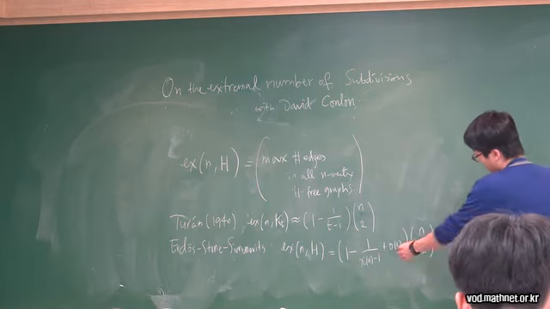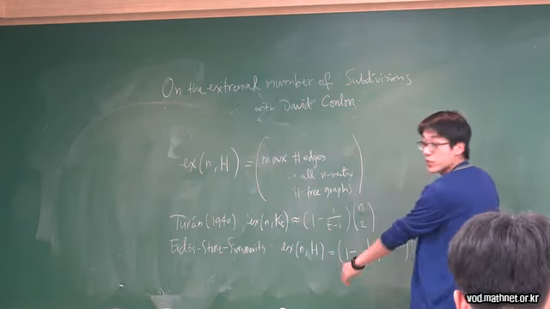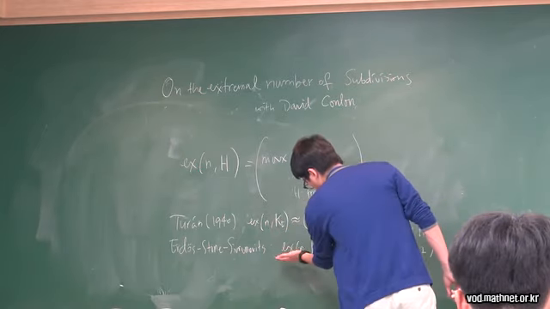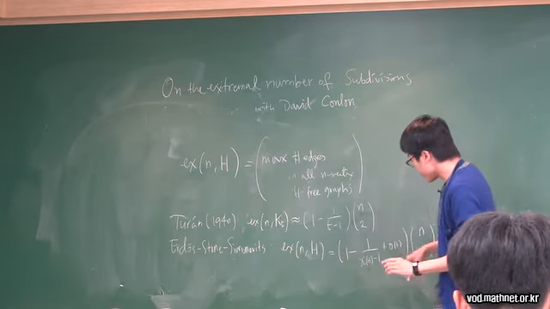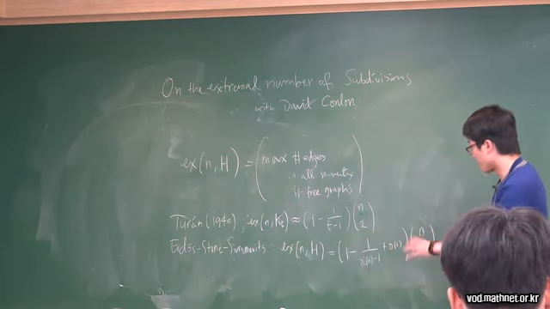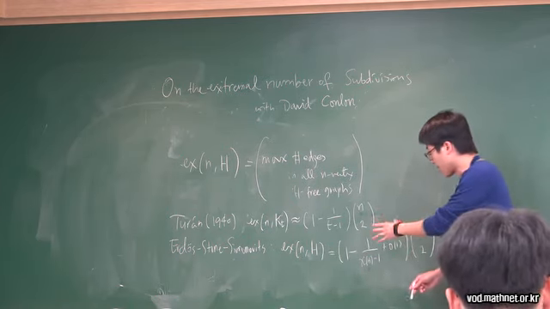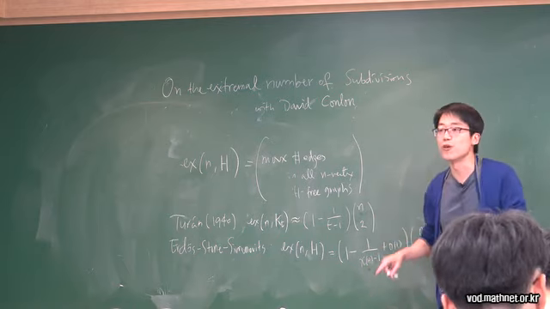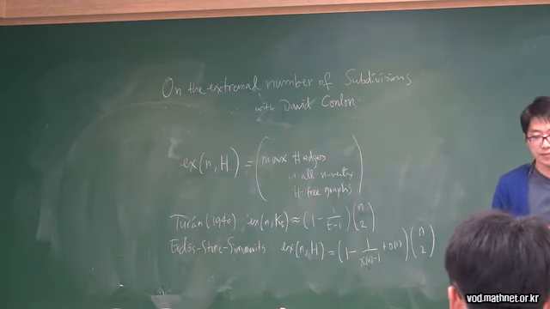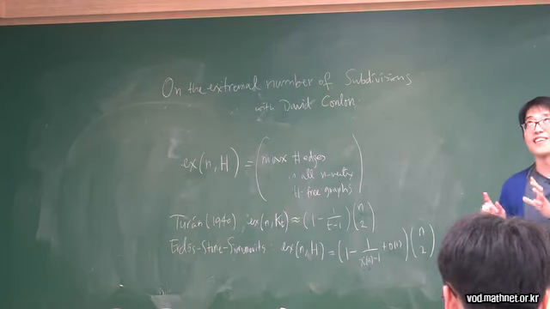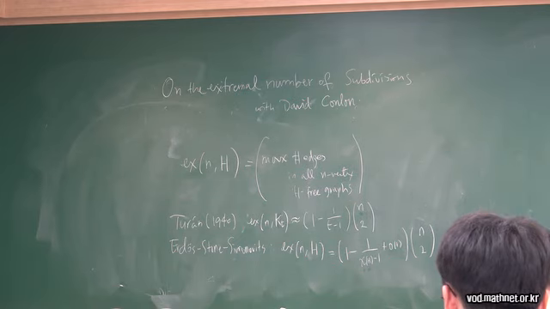Here chi of H is the chromatic number of H, and the extremal number of H is asymptotically the number of edges in the complete (chi of H minus 1)-partite graph.